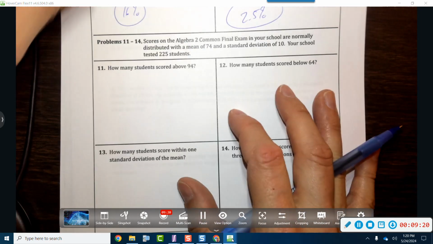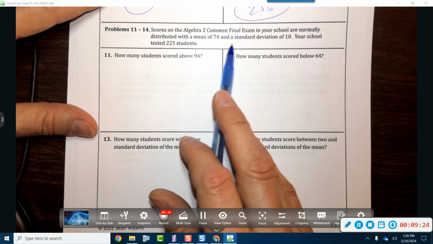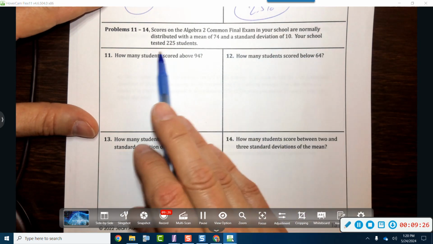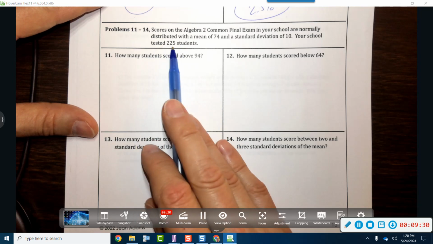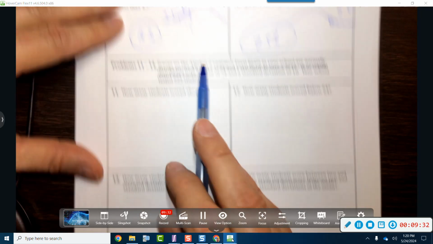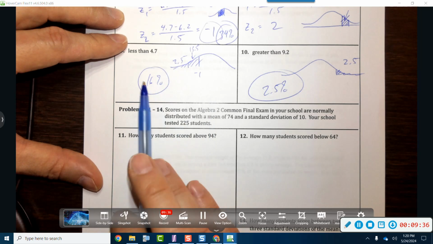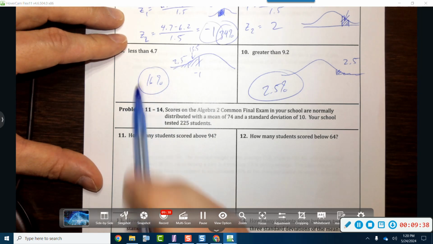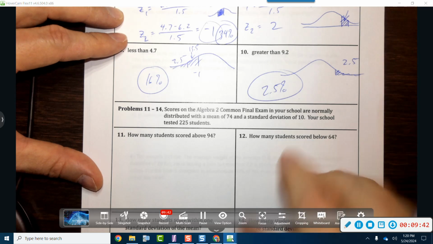Now, for this one, scores on the Algebra 2 Common Final Exam are normally distributed with a mean of 74 and a standard deviation of 10. Your school tested 225 students. So this last piece, if I have the number of students and I know the percentage, I can easily multiply the percentage by that value, and that will give me the number of students, not just the percentage of students.